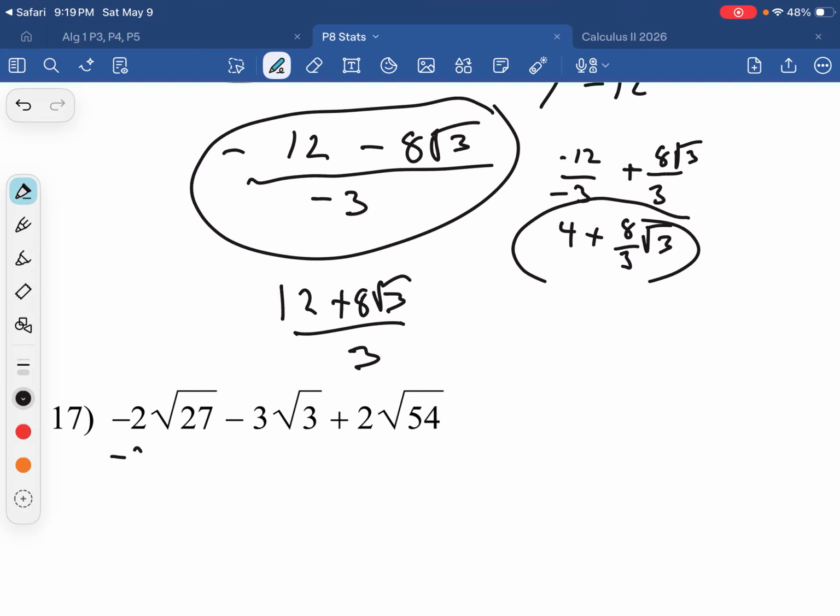So negative 2 square root of 9 times the square root of 3 minus 3 square root 3 plus 2. This is going to be the square root of 9 times the square root of 6.